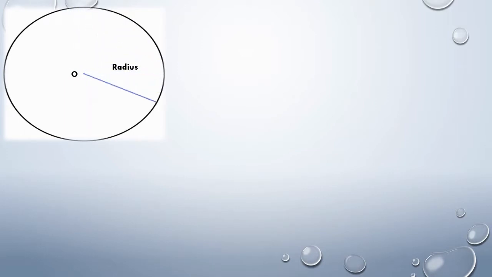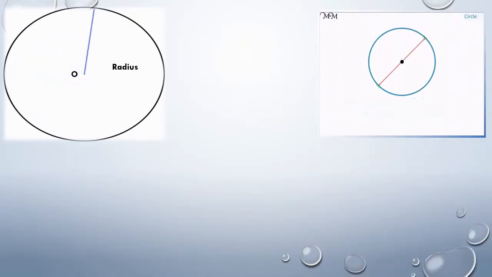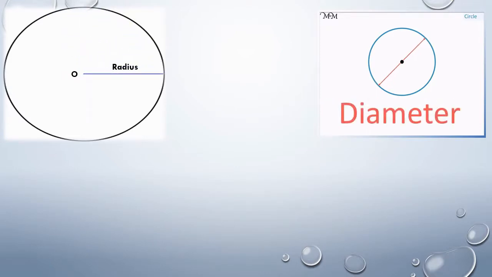It is usually represented by small r. Next is diameter. The diameter of a circle is the line segment which divides a circle into two equal parts. In an easy way, we can say that it is just double of a radius. It is represented by small d.